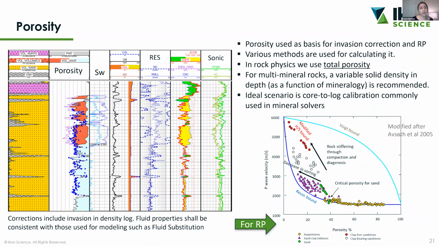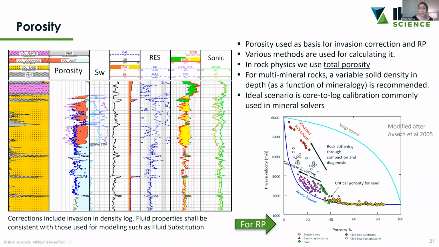In rock physics, just bear in mind that the actual porosity that will be used is the total porosity. For multimineral rocks, variable solid density as a function of depth is highly recommended if you're using a density-derived porosity. The ideal scenario, of course, as you see in this example, is a core to log calibration that we often use in our multi-mineral solvers.